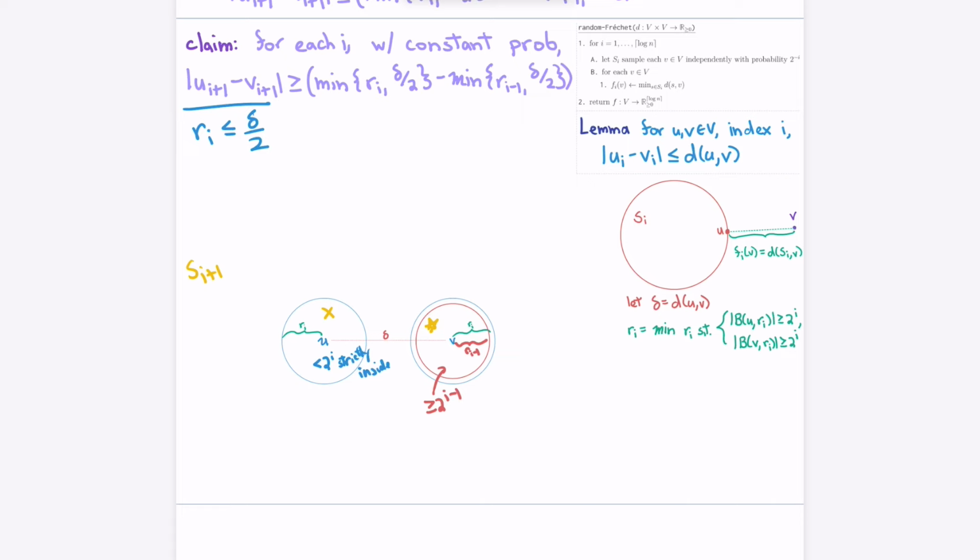So if I sample a point here but not there, then what's a lower bound on U_{i+1} minus V_{i+1}? And why? I'll zoom it out while you think about it.